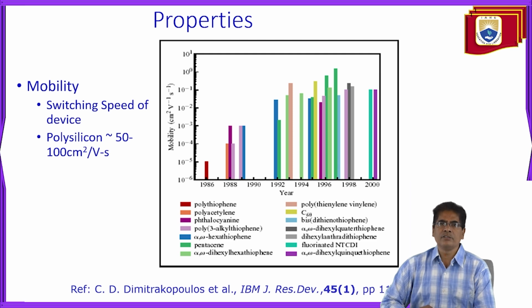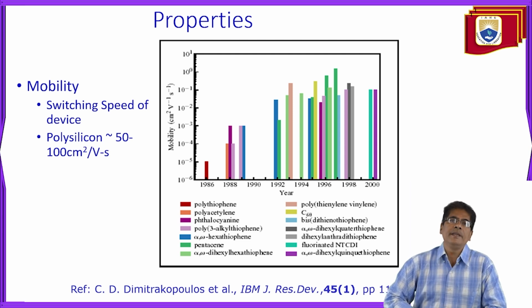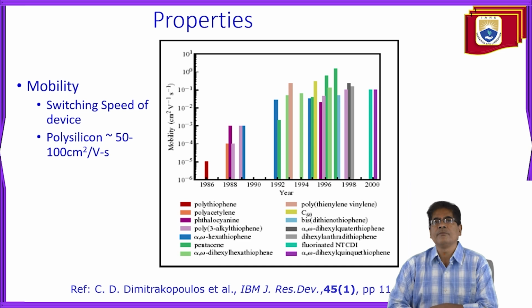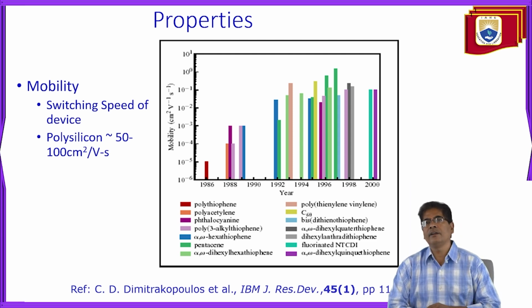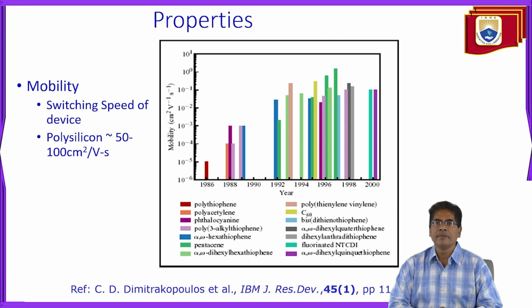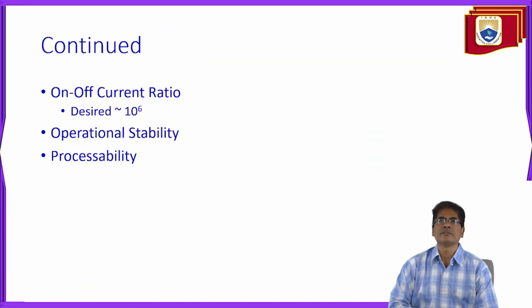Then polythiophene, and we have the mobility versus the year of manufacturing, starting from 1986, 1988, 1990, 92, 94, 96, and we have different variations, which was taken from one of the journals, right? So these are some of the properties we need to understand for the fabrication of plastics.